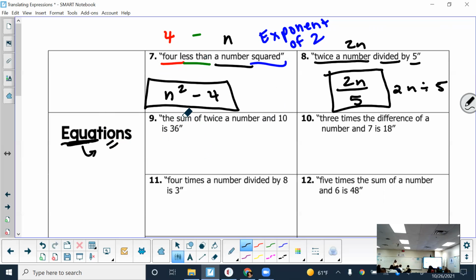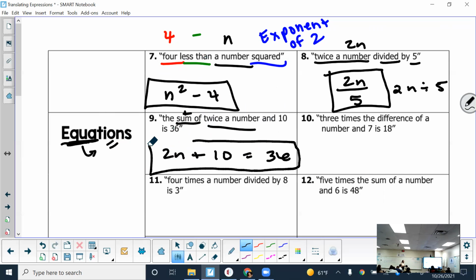So the sum, what does sum tell us to do? Twice a number we know would be what? 2n, right? So the sum of twice a number, so the sum of 2n and 10 is, what does is signal? Equals 36.